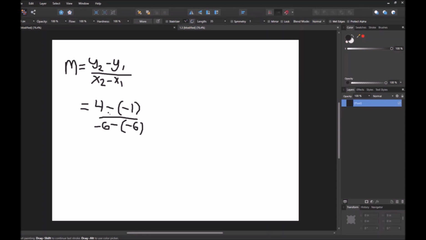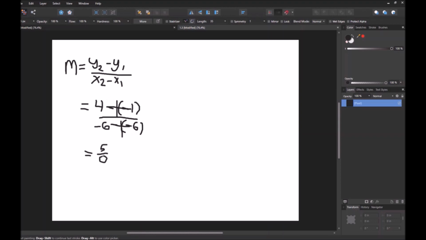Now, if you're subtracting a negative number, 4 minus a -1, -6 minus a -6, it's essentially the same thing as addition. So we can write this as 4 plus 1, and this is -6 plus 6. 4 plus 1 is 5, and -6 plus 6 is 0.